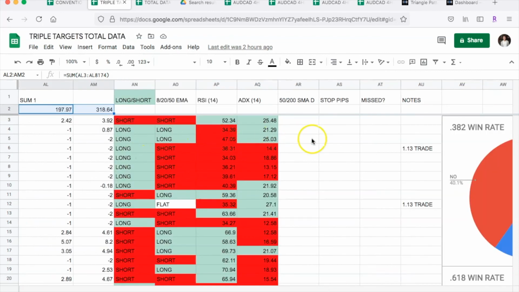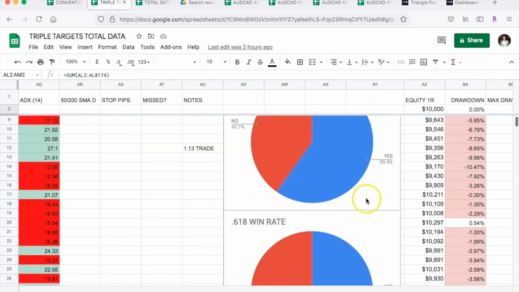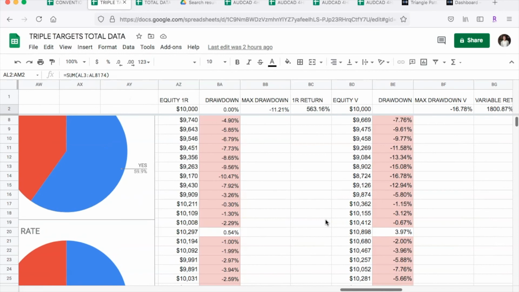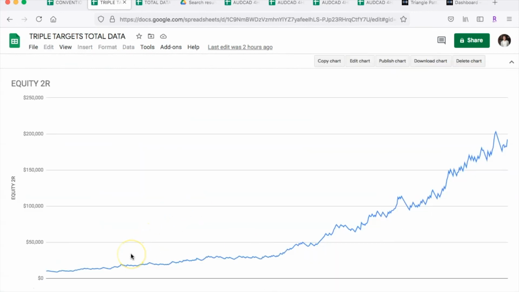You can take little notes here. It'll show you your win rates, target 1s, target 2s. You want to go target 3s. It'll show you your equity, your max. It'll calculate your max drawdown for you. You can go over here and it'll show you your equity on a little graph.